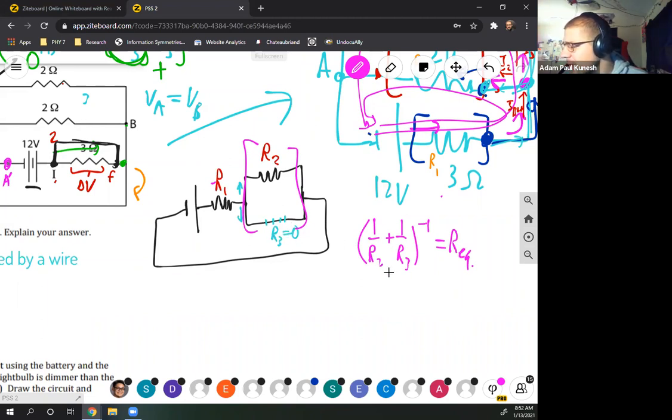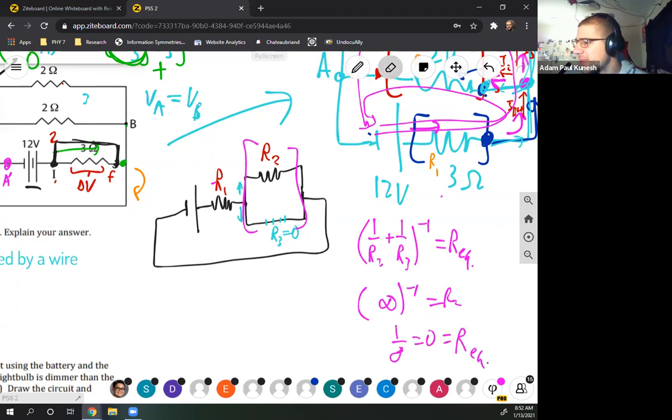So if R3 is 0, then this is like infinity inverted, which is 1 over infinity, which is 0. Which is to say that this section of wire makes it so that the current basically only sees that lower section. It will only travel through the region where there's no resistance.